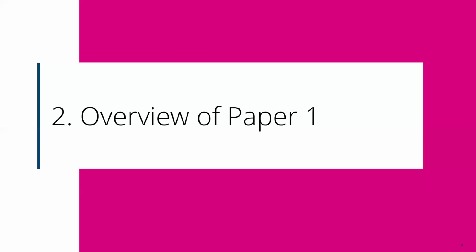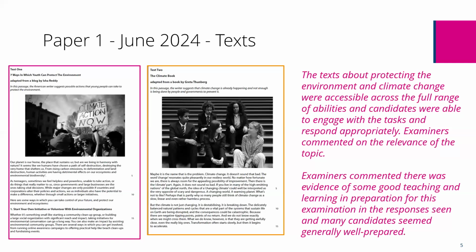So just an overview of the paper, what it looked like. Obviously, this is available for you in the download. There were two texts which were about the environment. Text one was 7 ways in which youth can protect the environment, adapted from a blog by Isha Reddy.